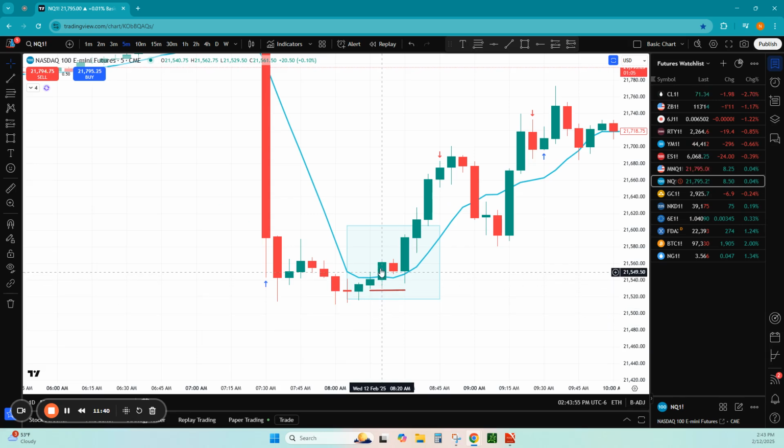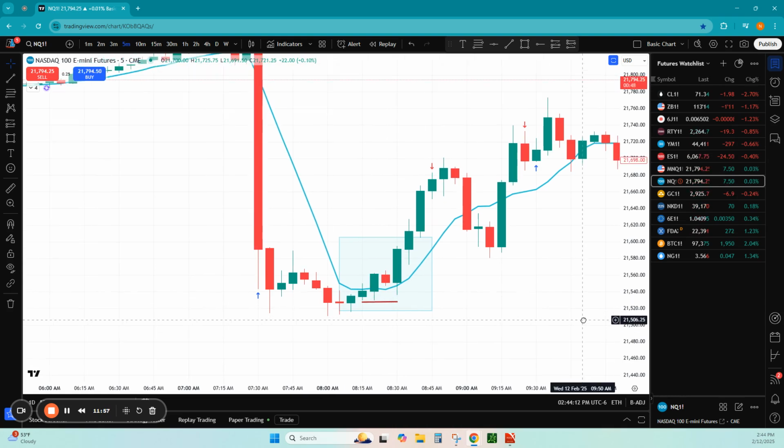Now, anyways, if we let price develop in this area, this candle retraced, but it didn't close below the 8-period moving average. So one way to approach this trade is to let the price develop, meaning let this candle close. We go long, let this candle close where it closes.